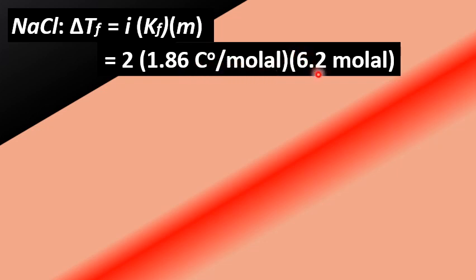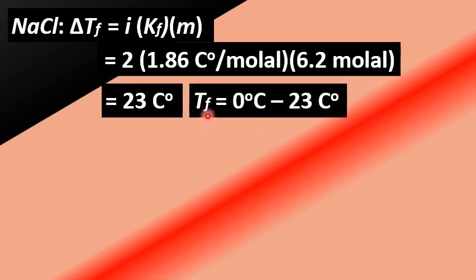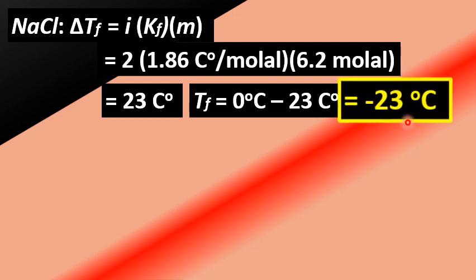And of course, the computed molality of sodium chloride, 6.2 molars. So doing our math, we will get the delta T sub F for sodium chloride equal to 23 Celsius degree. And the freezing point, therefore, of the sodium chloride solution, or T sub F, is just 0 degrees Celsius minus 23 Celsius degree, which is equal to negative 23 degrees Celsius.